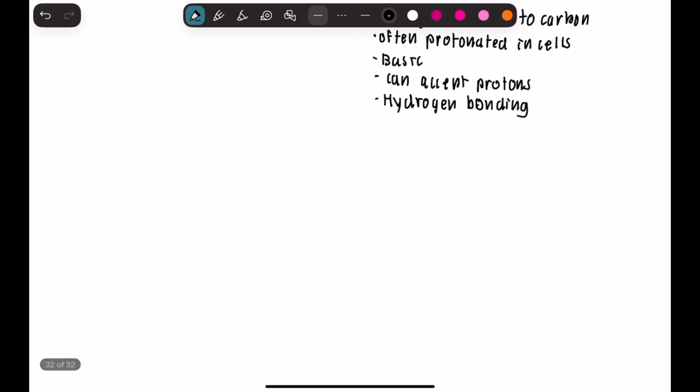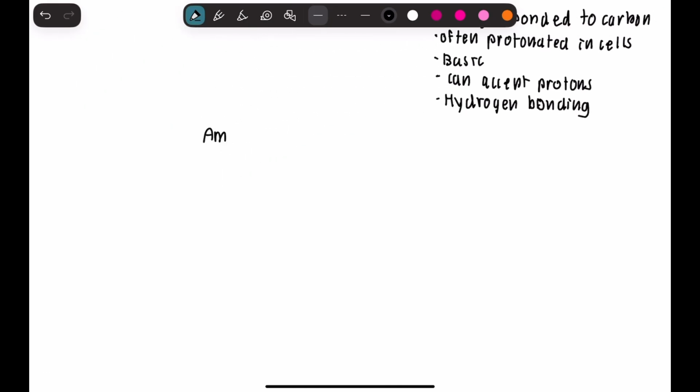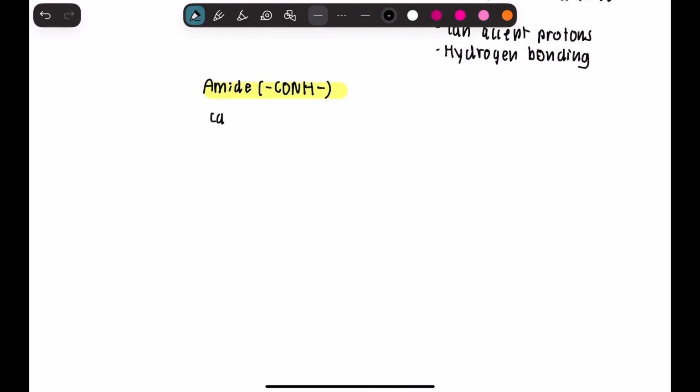Now, amide. Amide is CONH. This is a carbonyl directly bonded to nitrogen.